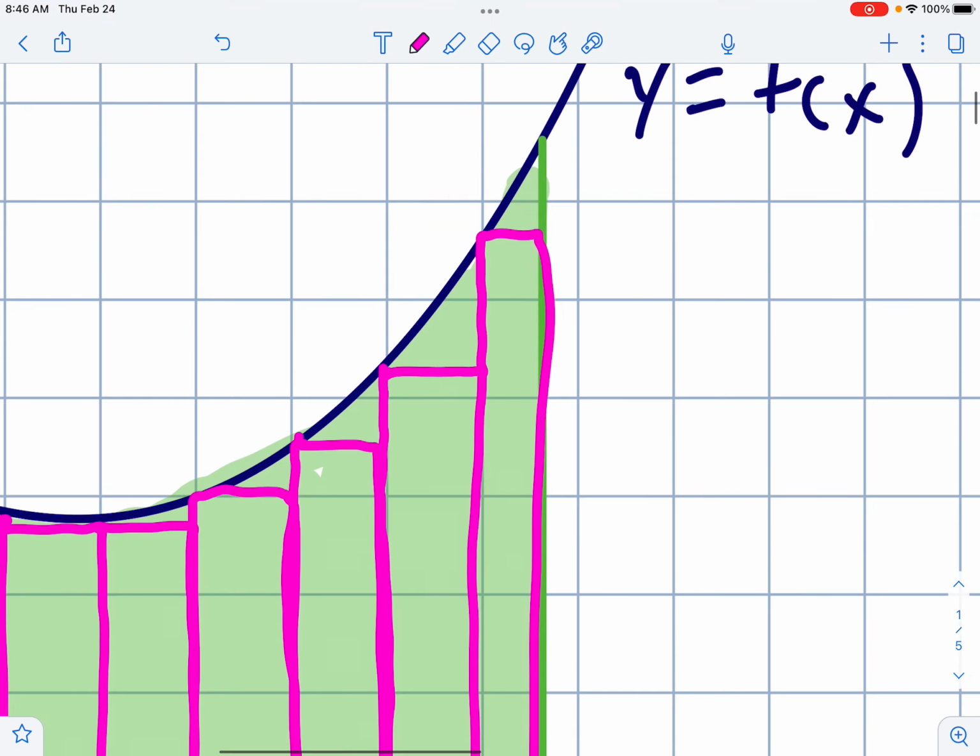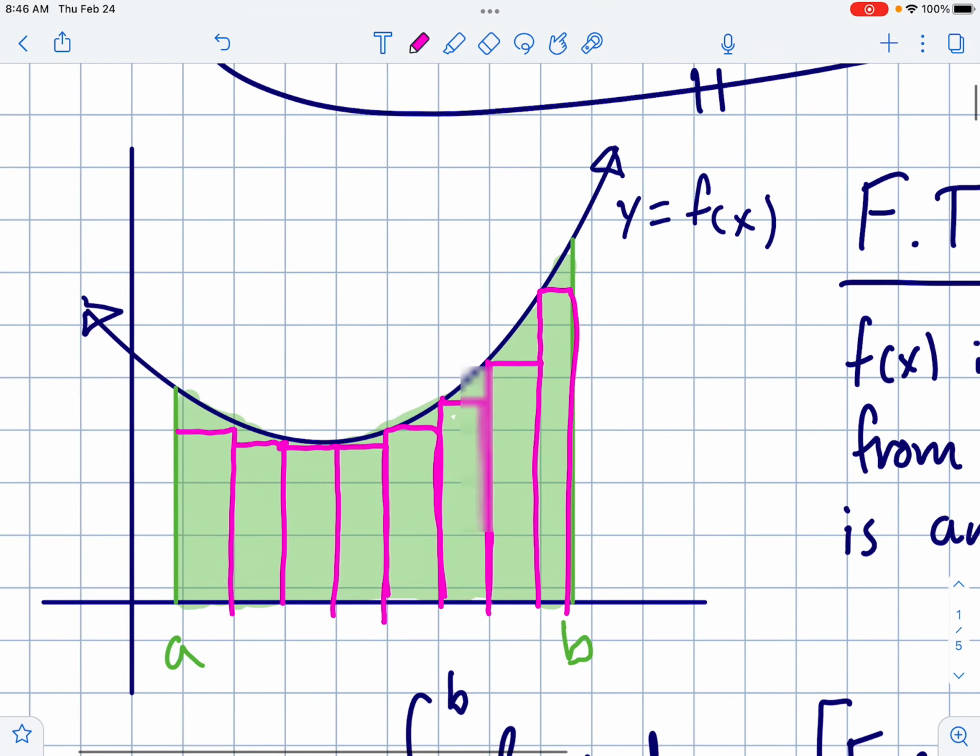But then there are little leftover pieces that didn't get included, so you can make those rectangles smaller. Instead of making them a unit wide, you can make them really tiny. Even then, you're going to have some leftover area, so there's some interesting stuff about the limit of making those rectangles infinitely small.